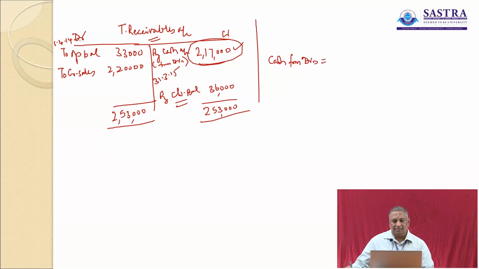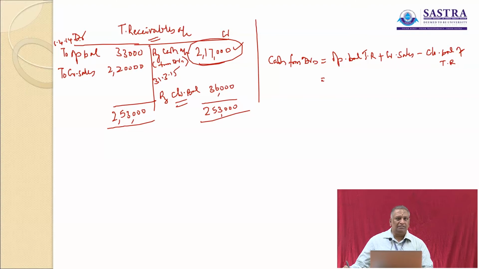So in that case, cash from debtors is equal to opening debtors. Based on this ledger and preparing the equation, opening balance of trade receivables plus credit sales minus closing balance of trade receivables or debtors.